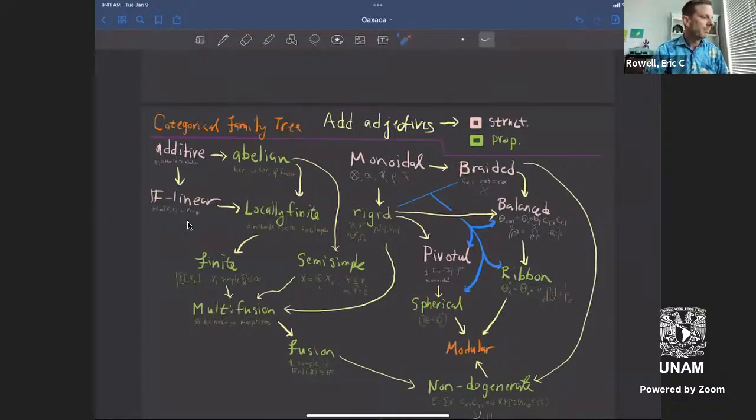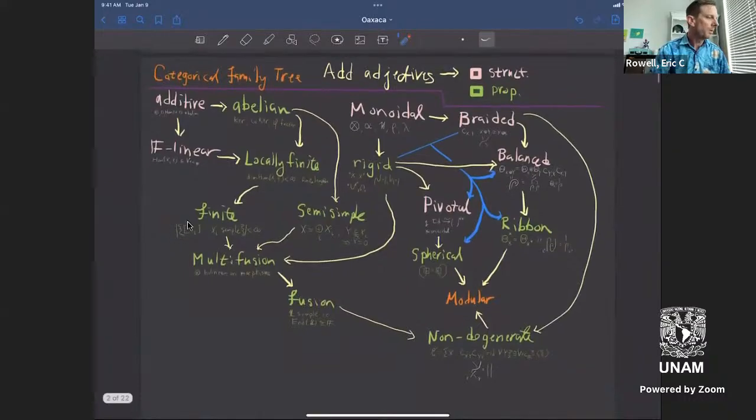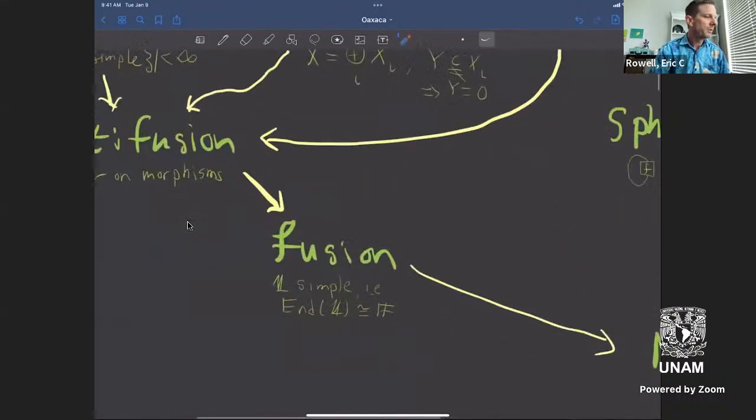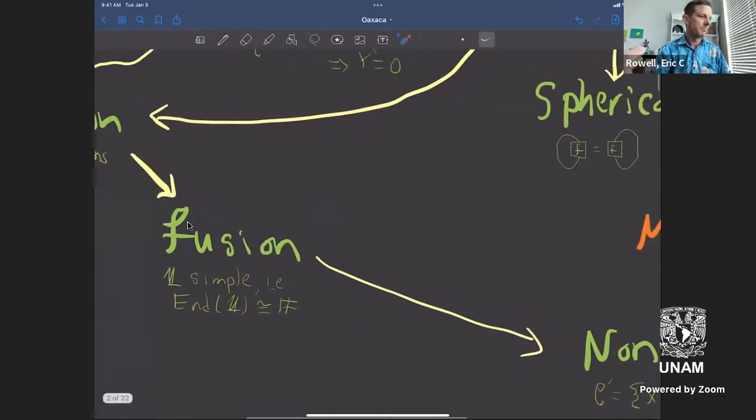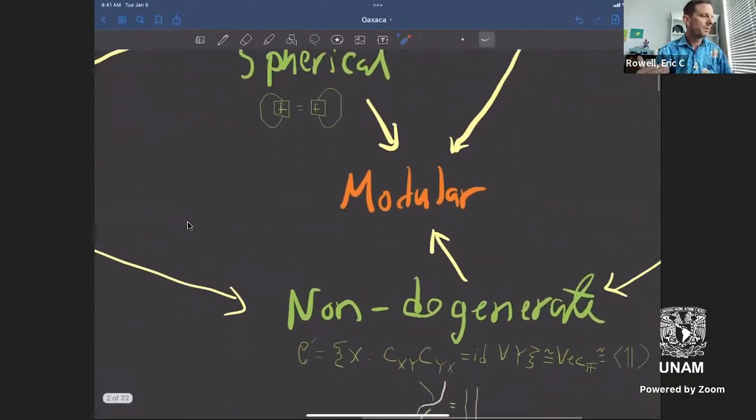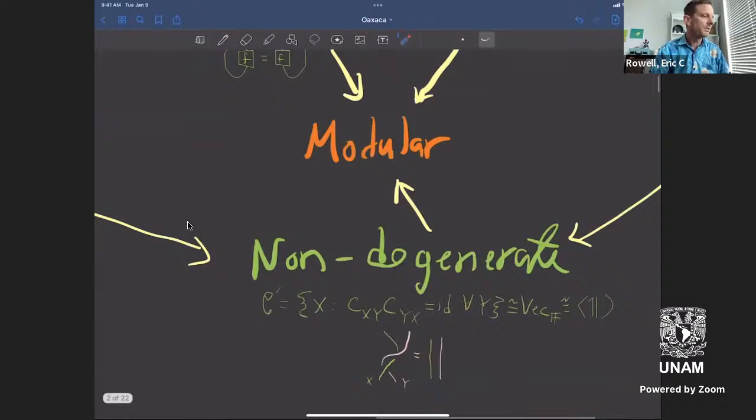And then maybe a couple of important ones: it would be a fusion category, so the trivial object is simple. That is required always. And then it's required to be non-degenerate, which means that if you look at the various braidings between pairs of objects, this is non-trivial in some sense, except for the case where you start with a monoidal unit.